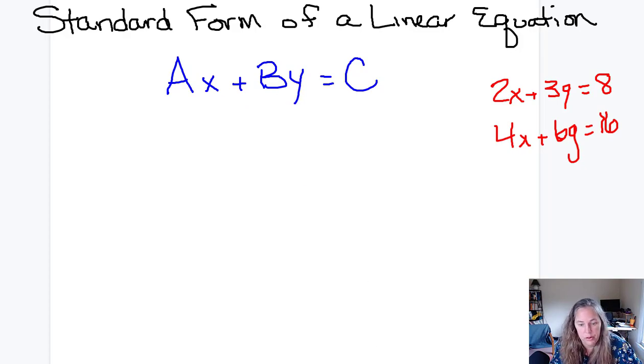Okay, so standard form of a linear equation, ax plus by equals c, and then what we're going to do is put a bunch of rules on a, b, and c, and you guys have come up with these rules. The first rule is a, b, and c are integers.